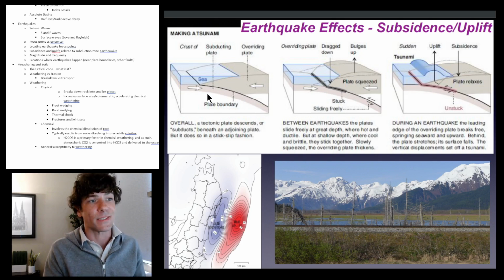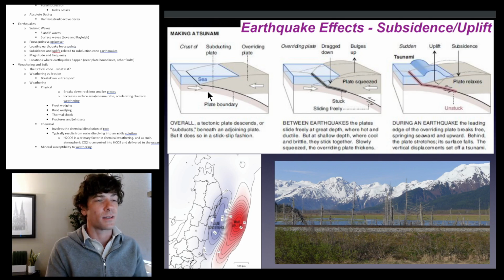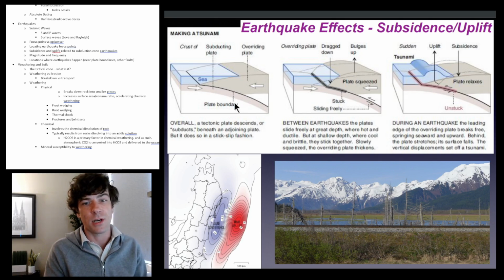But what happens in a subduction zone, and this is true of the Cascadian subduction zone, it would be true of Japan. So this is showing Japan in particular. But what happens is that as the plate goes underneath, it pushes the overriding plate back, and that causes it to flex and bulge upward, right, as it gets pushed back.